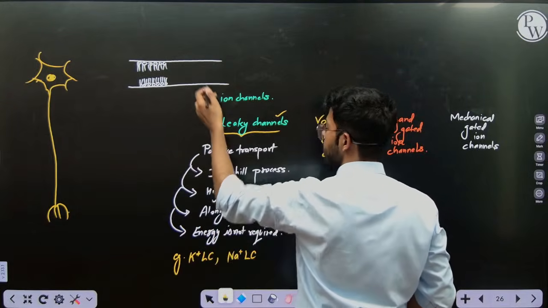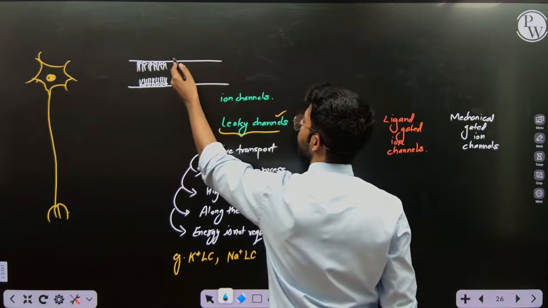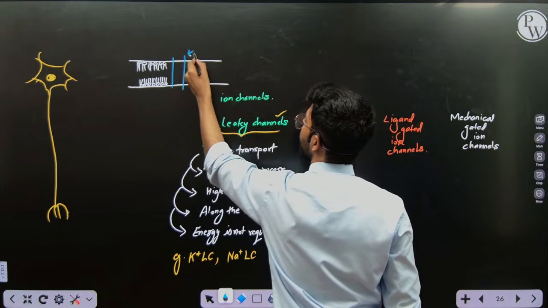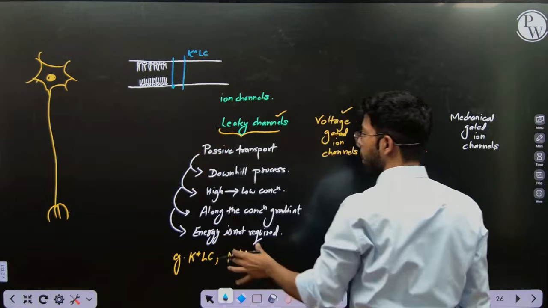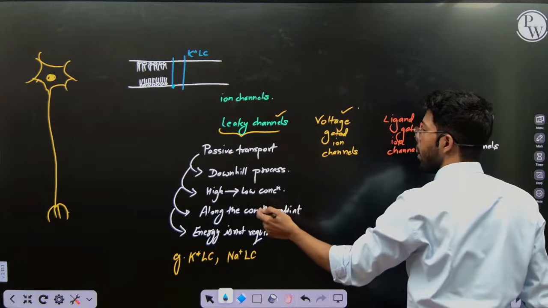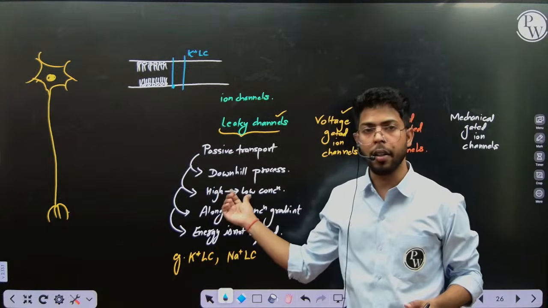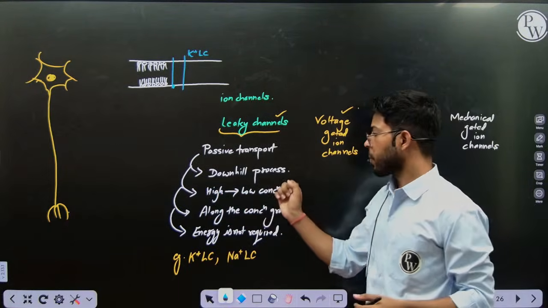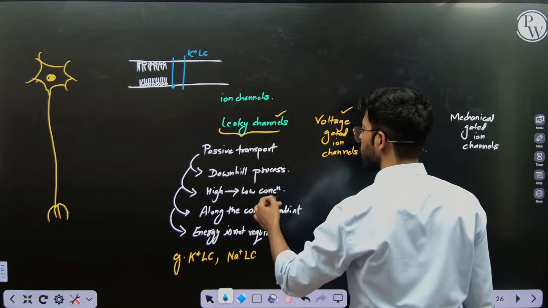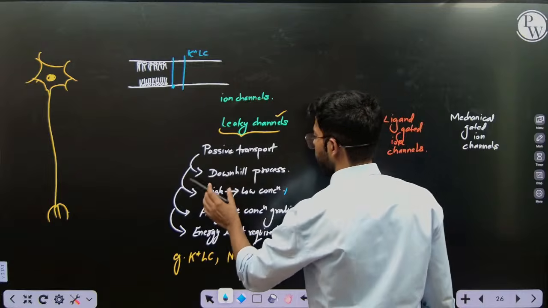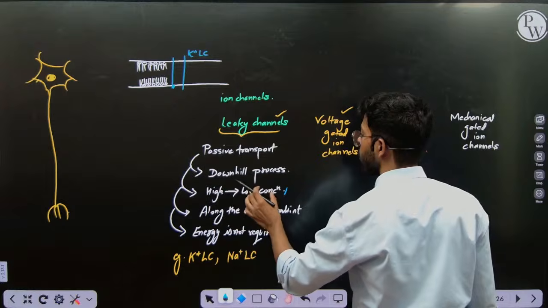If this leaky channel is present, it will work according to the concentration gradient. It always moves the potassium ions from high concentration to low concentration. And the sodium ion leaky channel also moves the sodium ion from high to low concentration.